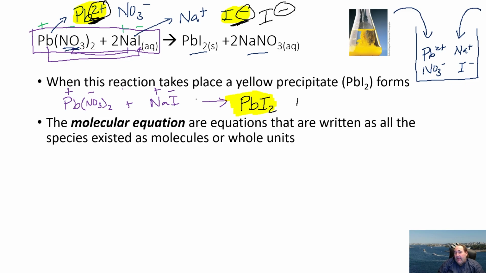Now, when we look at the other guys that are going to come together, a different highlighting color here. Maybe we'll go with green. We know that the sodium here is going to end up with the nitrate here. I'll do a little green action over here.